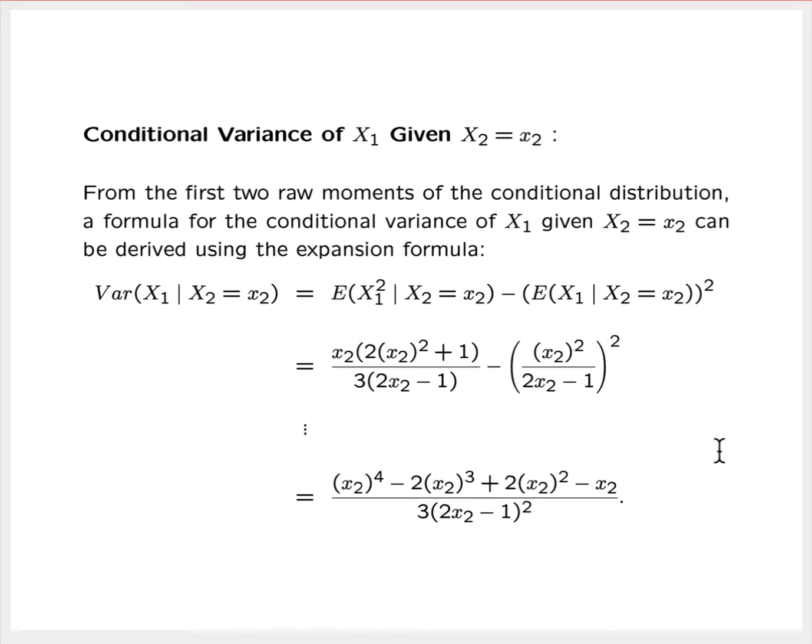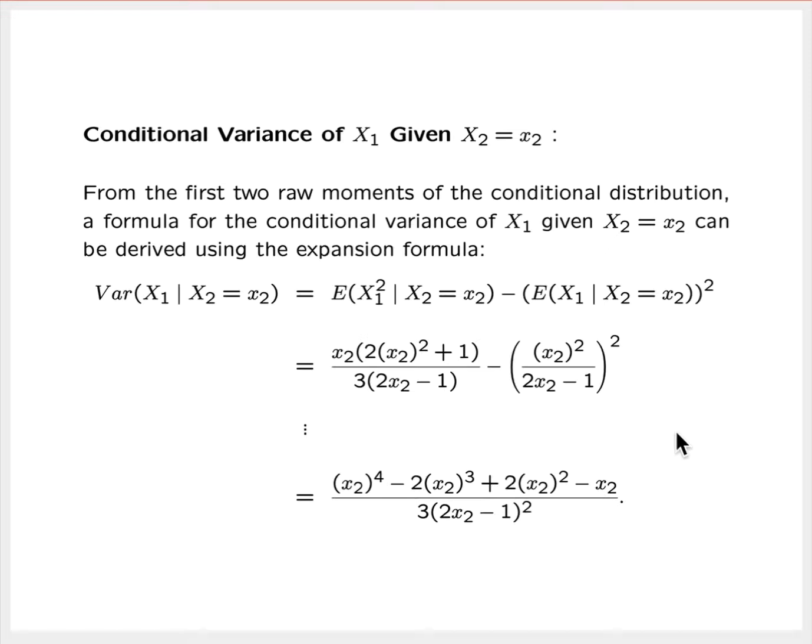And so once we have the first 2 raw moments of the conditional distribution of x1 given x2, we can calculate the conditional variance of x1 given x2. I'm going to utilize the computational formula. So the variance of the conditional distribution of x1 given x2 is equal to the expected value of x1 squared, given x2, minus the square of the expected value of x1 given x2.